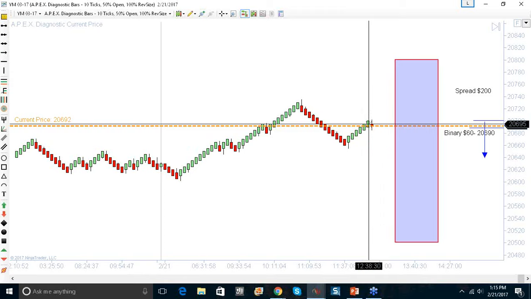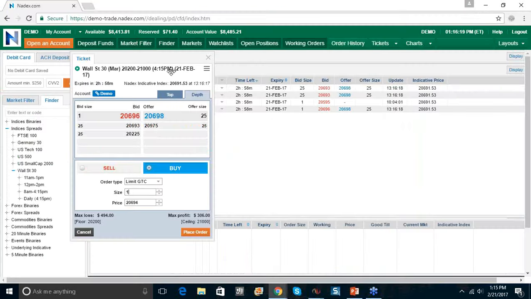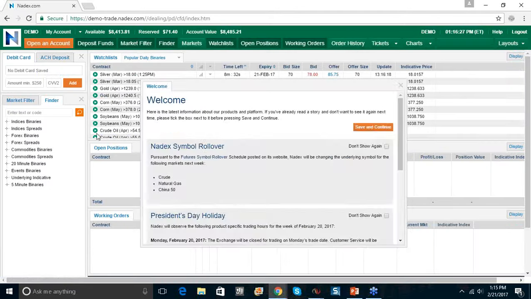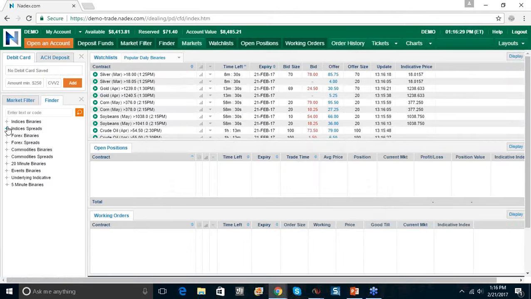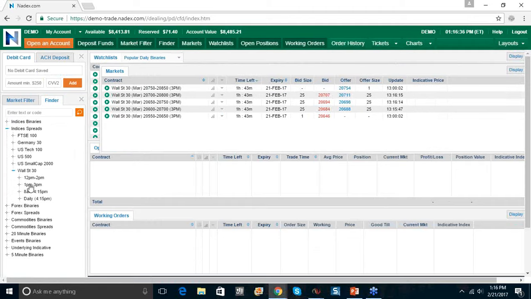You see that? Okay, let's take a look here on the Nadex platform. Let's refresh this. And right here, let's look at indices spreads, Wall Street 30, the 1 o'clocks. Let's see, yep, 20,700. See that?